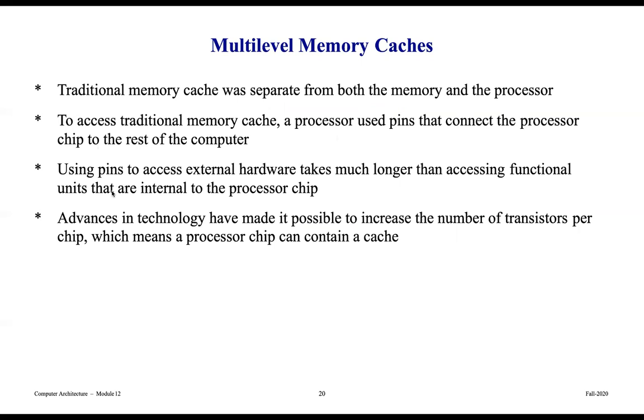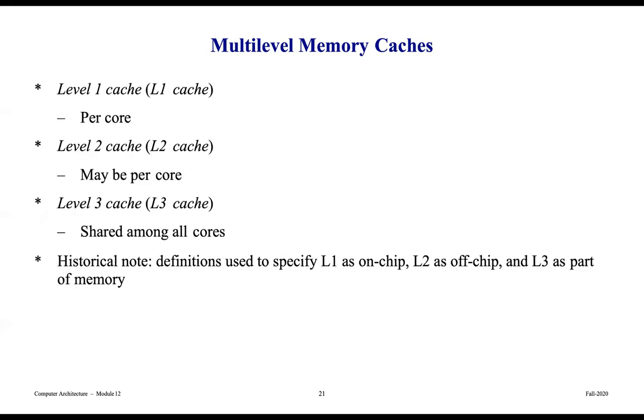Using pins to access external hardware takes much longer than accessing functional units that are internal to the processor chip. With advances in technology, it is possible to increase the number of transistors per chip, which means a processor chip can contain a cache. So you can actually have a cache within a CPU.